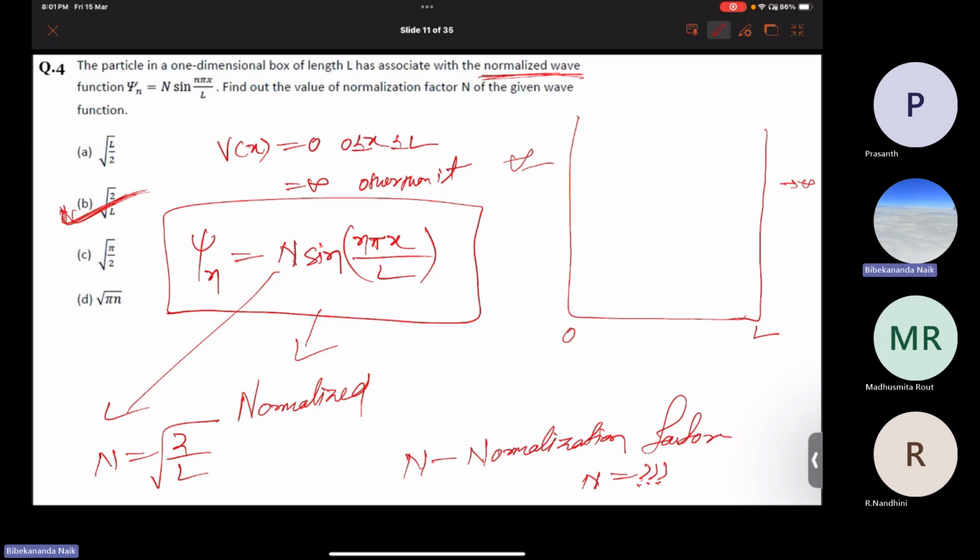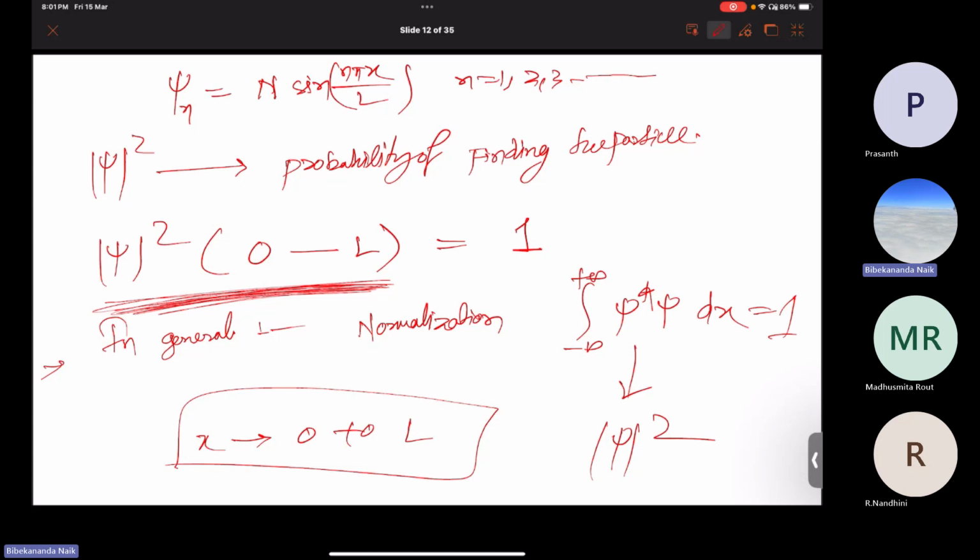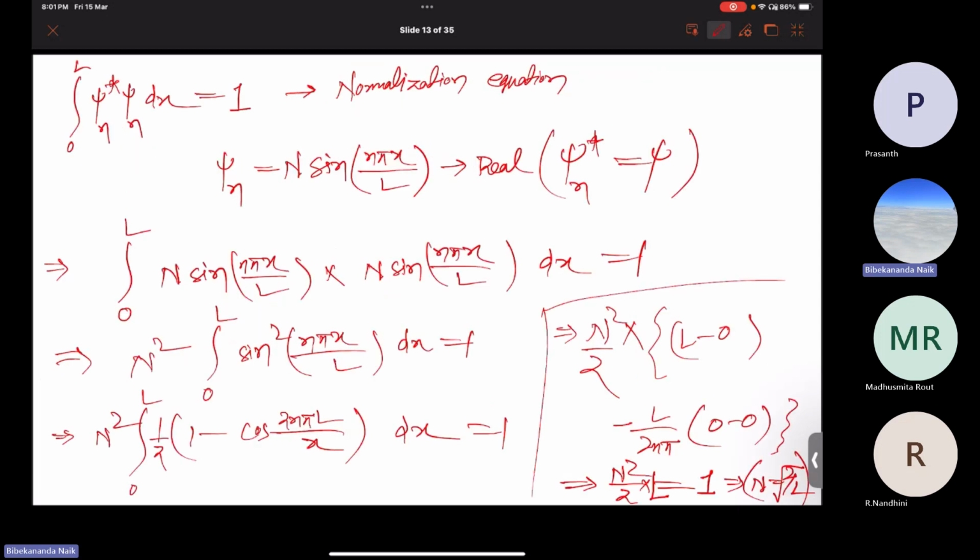What should be the value of N? According to the normalization condition, the integration of the wave function from minus infinity to plus infinity should be 1, or the total probability of finding the particle in this universe should be 1. So here the potential region is only 0 to L. So the integration from 0 to L of psi n star psi n dx equals 1.